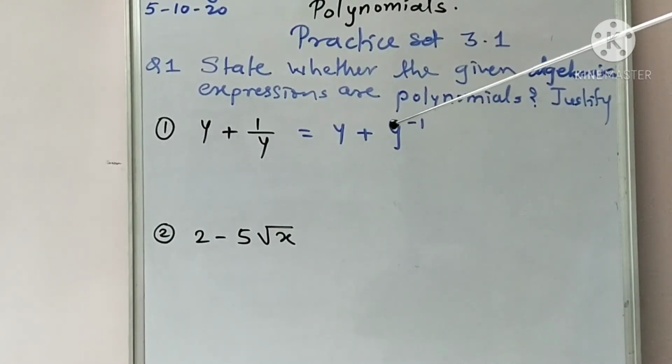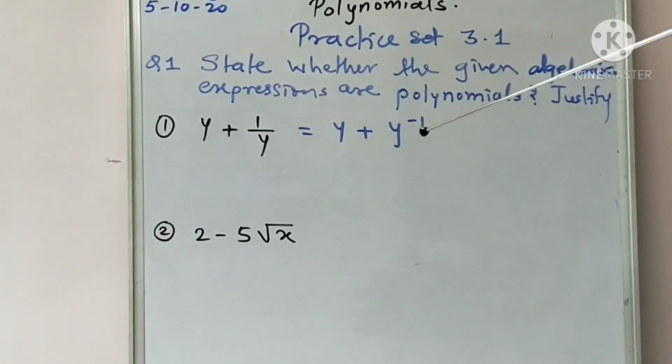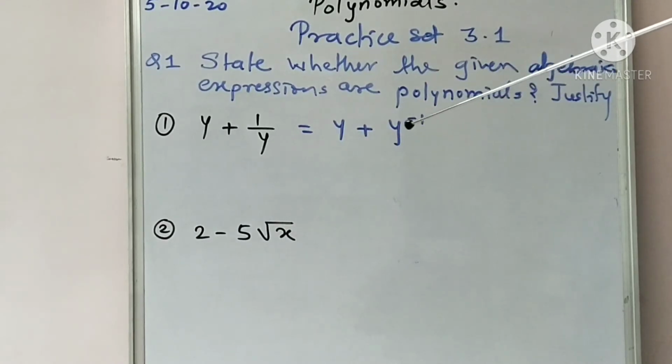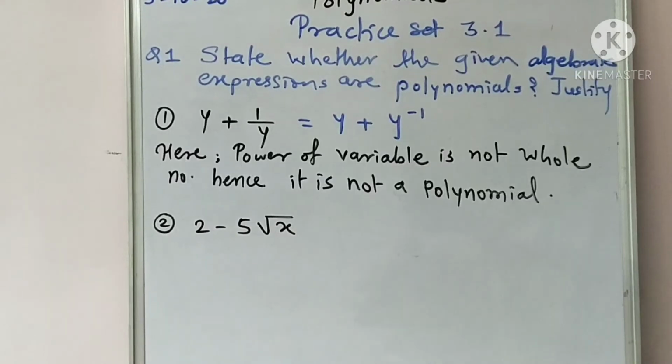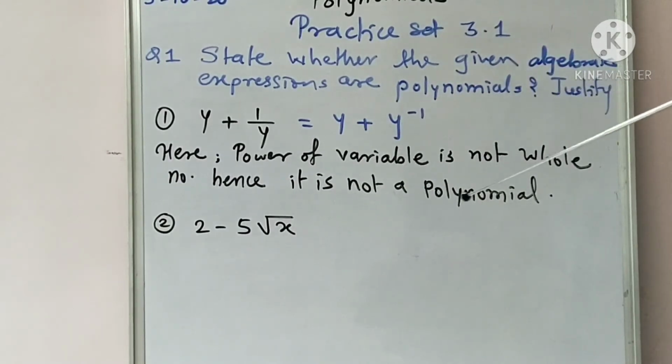The power of the second term y is minus 1, which is not a whole number, and hence according to the definition the expression is not a polynomial. So we write the answer: the power of the variable is not a whole number, hence it is not a polynomial.